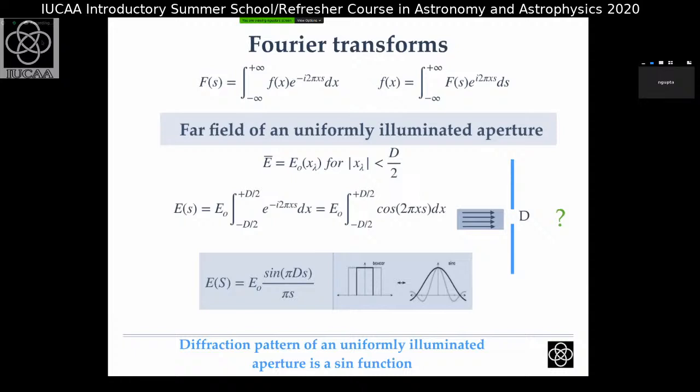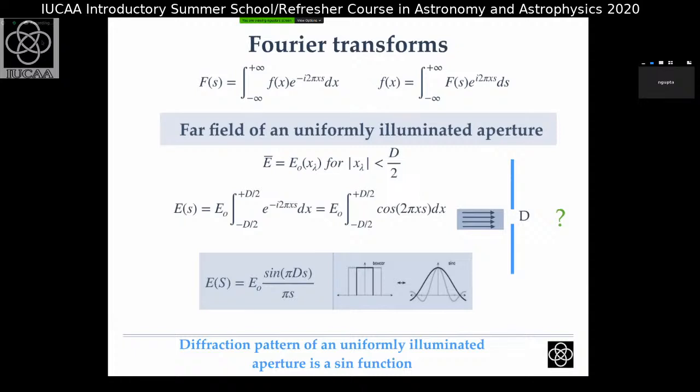And on the cartoon here, you can see that this is the box function. This represents my initial uniformly illuminated aperture, and its Fourier transform is a sinc function which looks like this. And in the curves in light, you can see what happens if I choose a broader box function, then the corresponding response of the sinc function will be narrower, right?